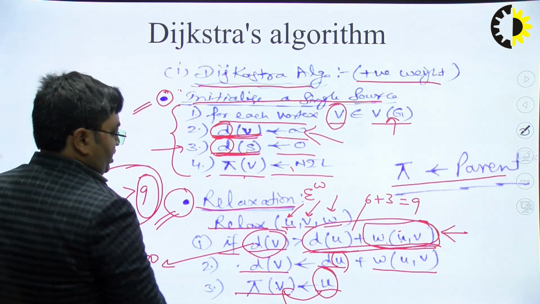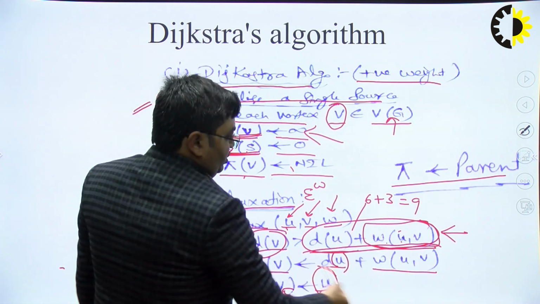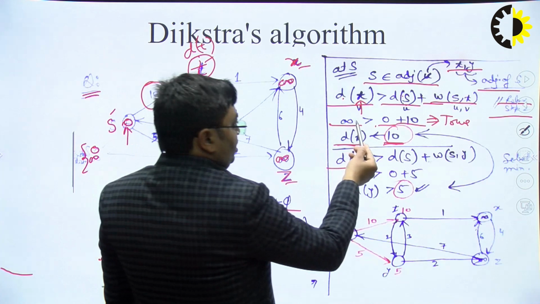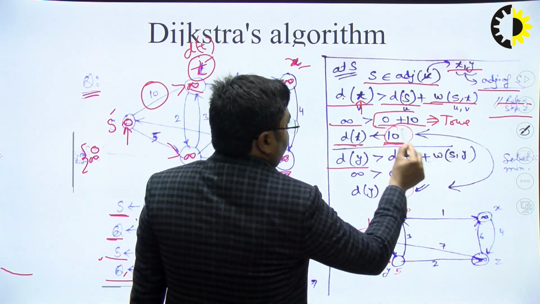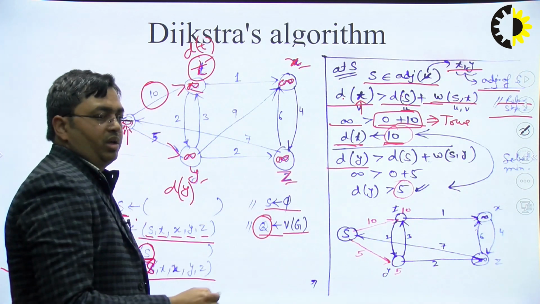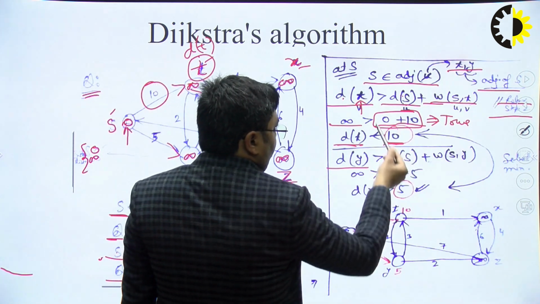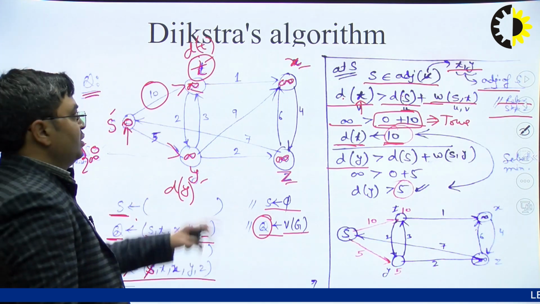When this is true, we initialize dt to the smaller value.